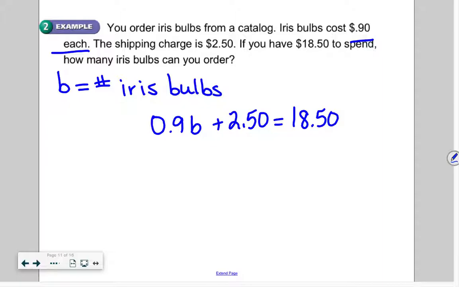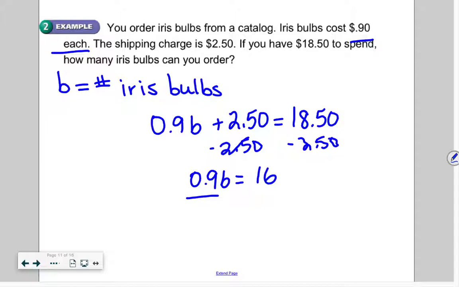So what's the first thing we're going to do? Subtract 2.50. Yep, subtract the shipping charge off. So $18.50 minus $2.50 is, so that means you had $16 to spend on bulbs, correct? Now what? Divide. So you're dividing by 9/10.